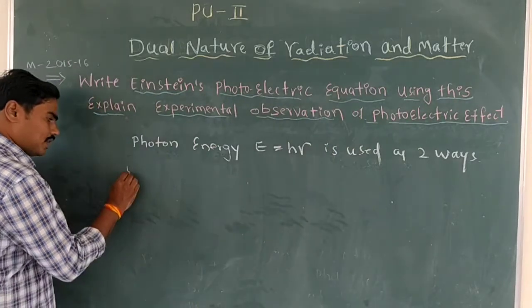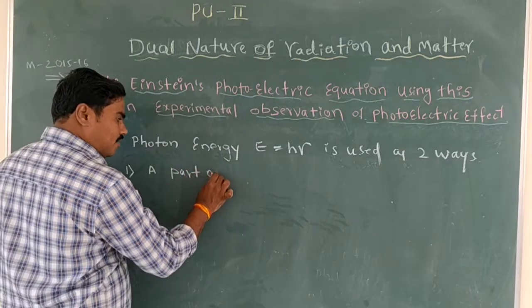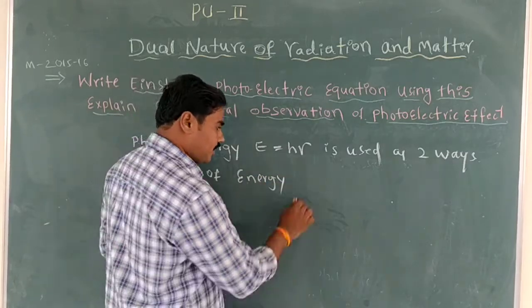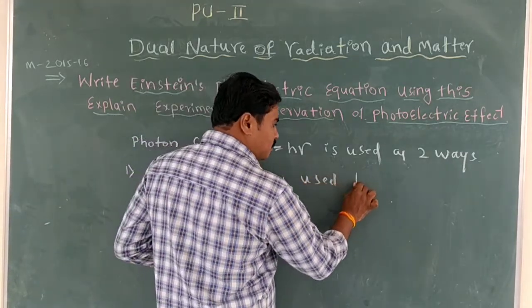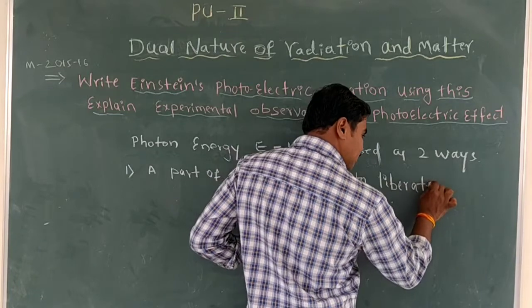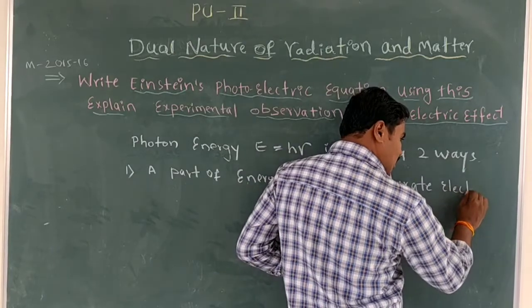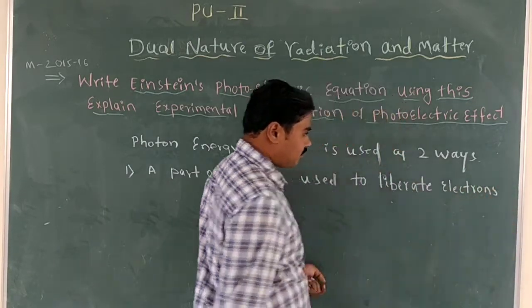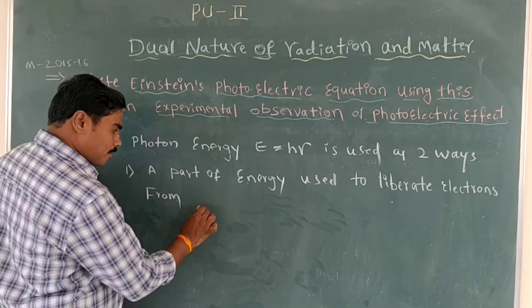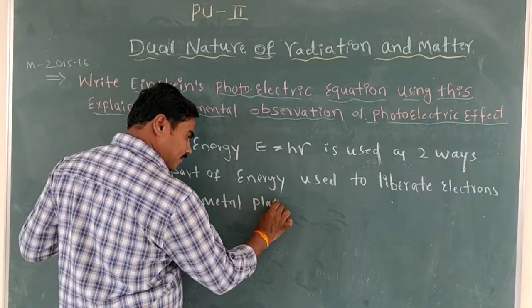Way one, part one: a part of energy is used to liberate electrons from the metal plate.